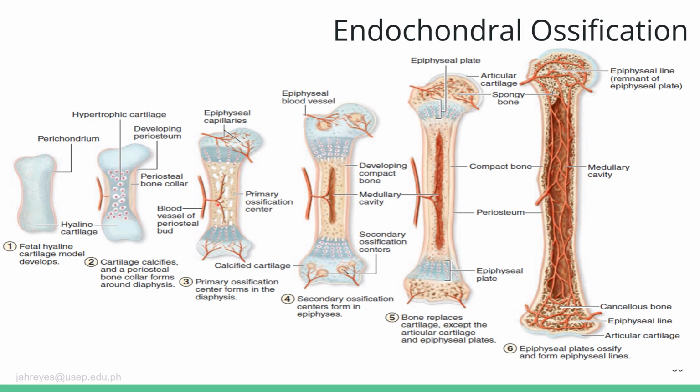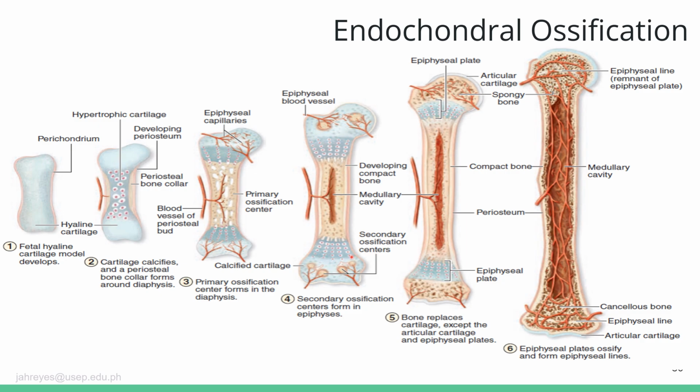There is growth of more blood vessels. You can see here. So there is the primary ossification center that forms in the diaphysis, which initially is the periosteal bone collar.